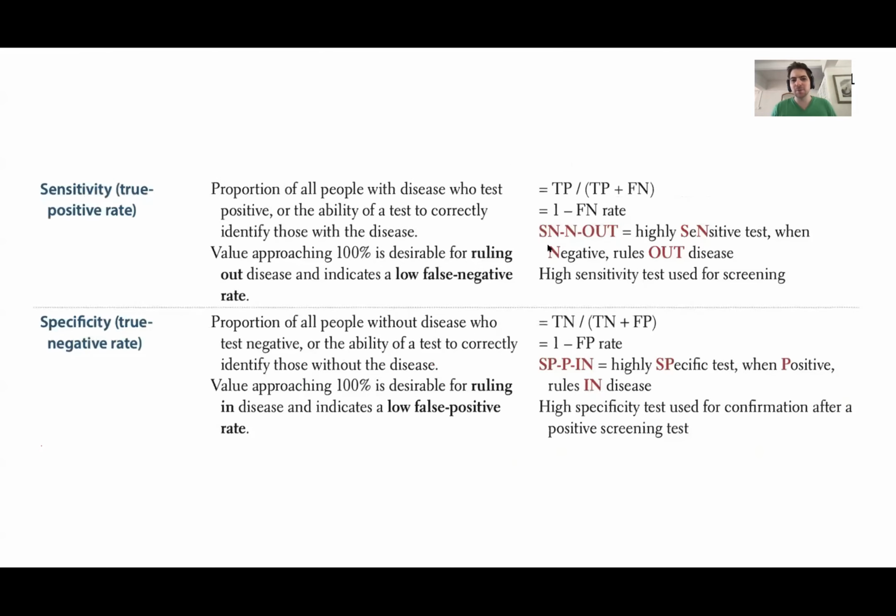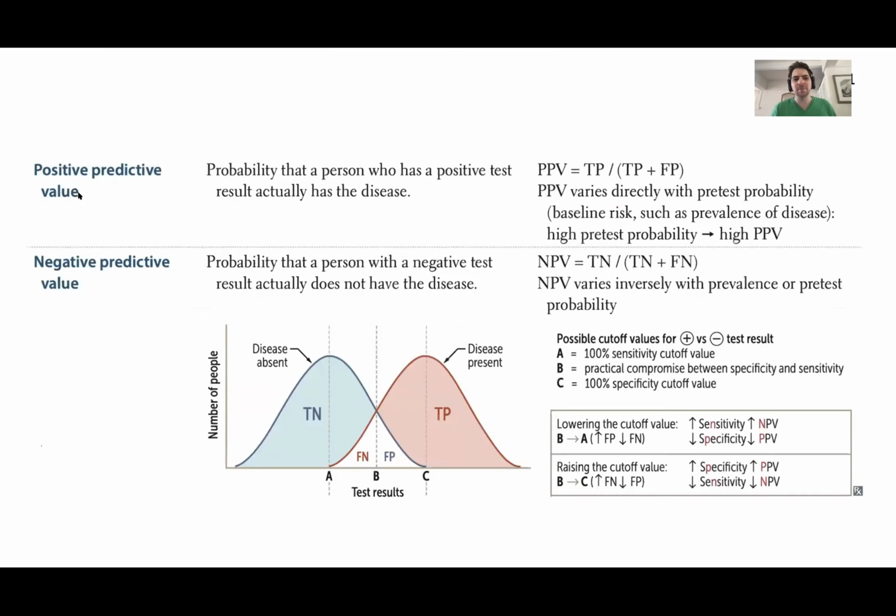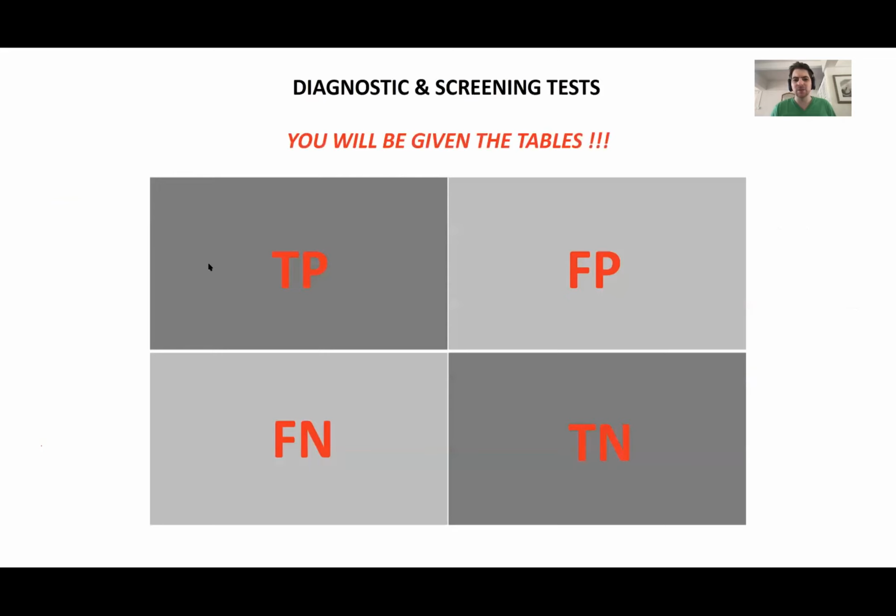Keep in mind, I'm just going to go back, that with sensitivity and specificity, we're looking at the disease pattern. And when we look at positive and negative predictive value, we're looking at how good the actual test is. Let me go back to this real quick. Remember when we put disease up top and test on the side, sensitivity goes down this column.